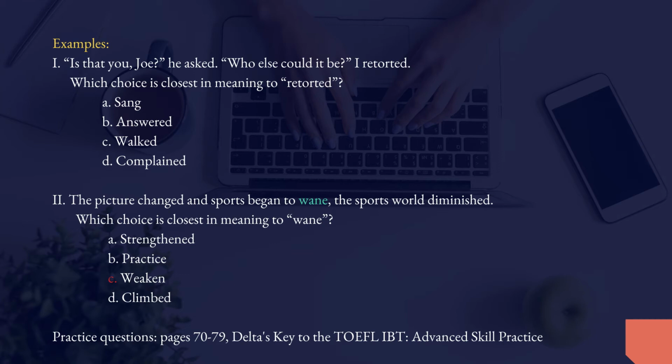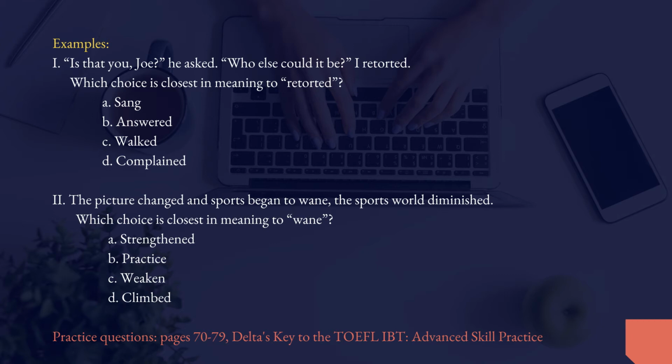Answer choice A is positive, B is positive, D is neutral. So the only negative word there is weaken. See how I'm answering? Even if I don't know the meaning of the word, I can get the answer based on the context.